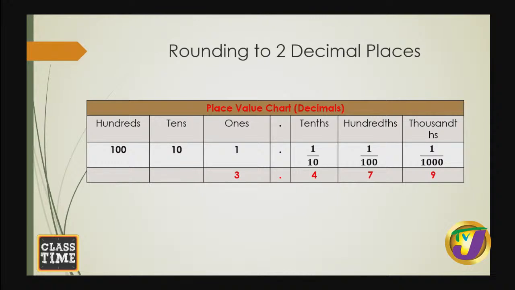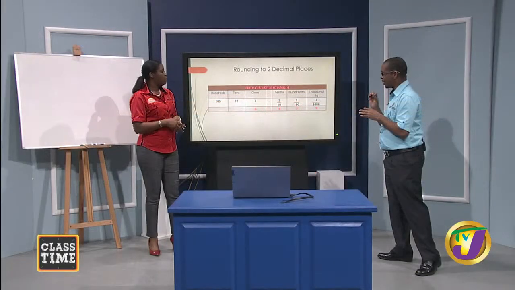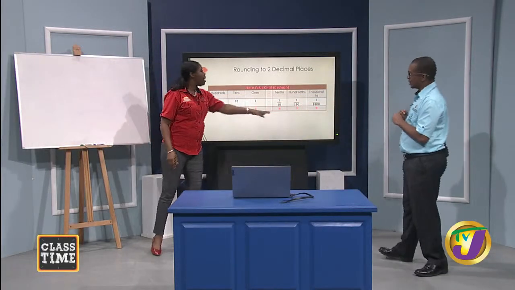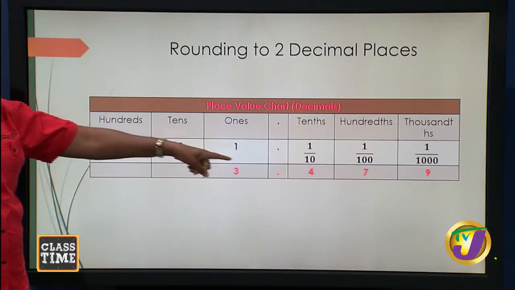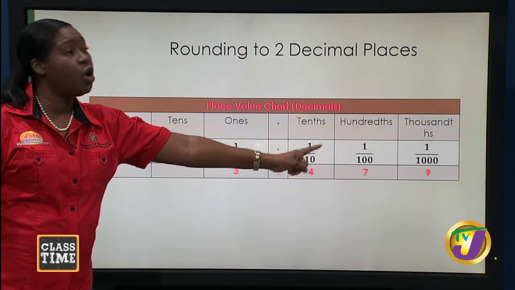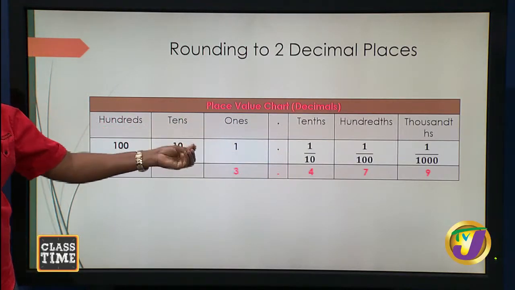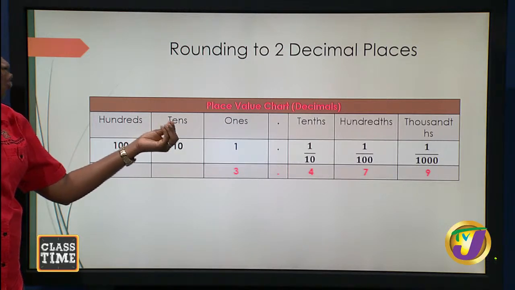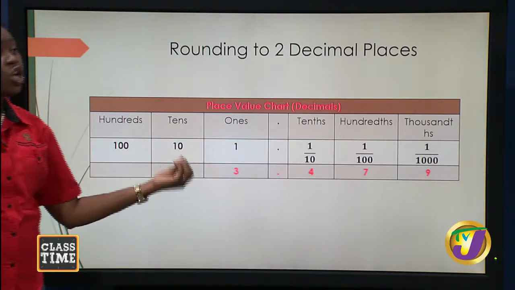So we want to find out approximately how close this figure is to something with 2 decimal places. The decimal place we'll be focusing on is the hundredths. So we want to round this number to the closest hundredths.